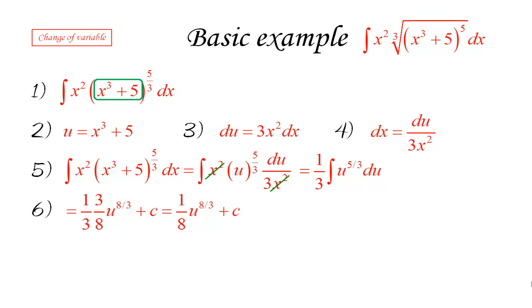And now we have to do the last step, namely switch back to the original variable. So u will become once again x cubed plus 5, and here is our integral. If you don't believe me, well, check your answer by taking its derivative. Remember, whenever we compute an antiderivative, we can always double check it by computing its derivative and making sure that it works fine.